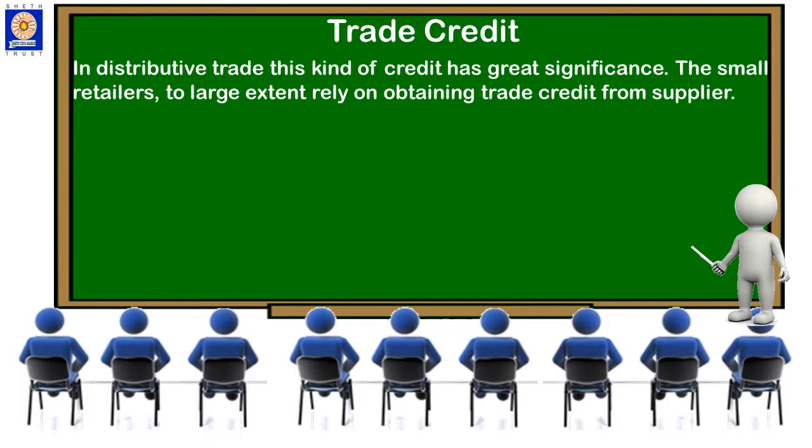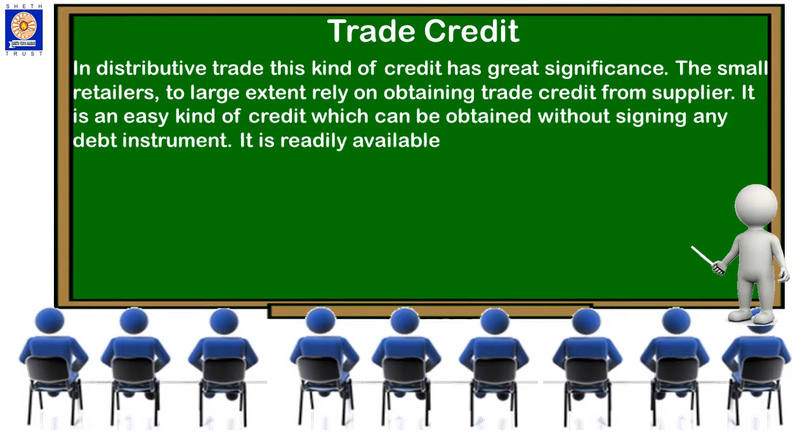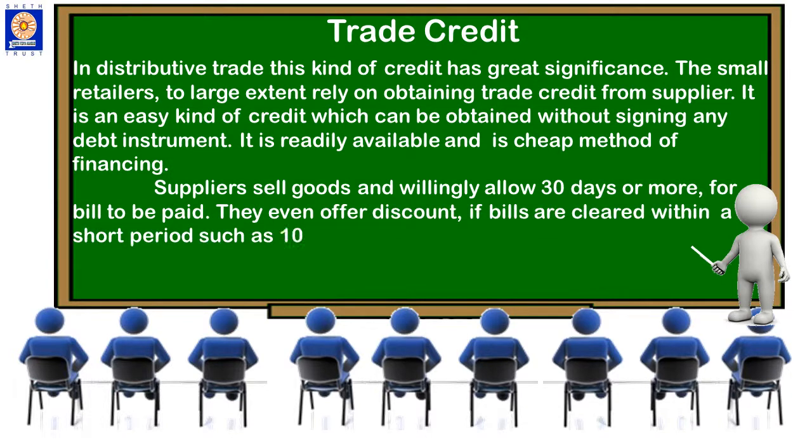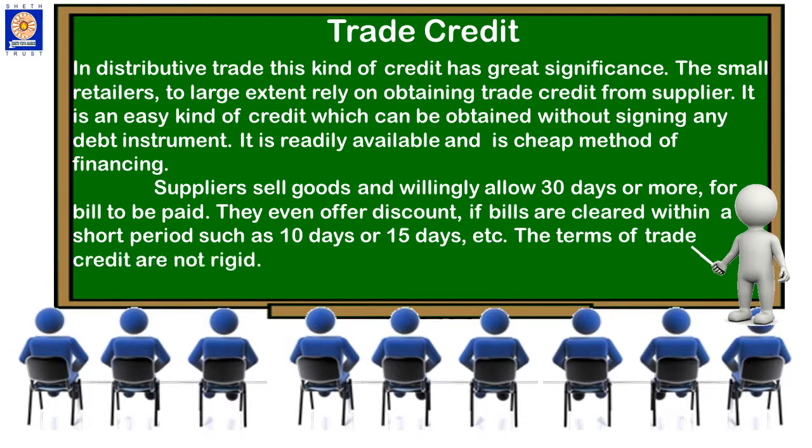In distributive trade, this kind of credit has great significance. Small retailers, to a large extent, rely on obtaining trade credit from suppliers. It is an easy kind of credit which can be obtained without signing any debt instrument. It is readily available and is a cheap method of financing.